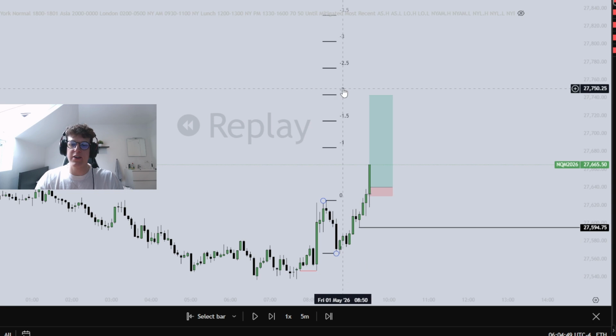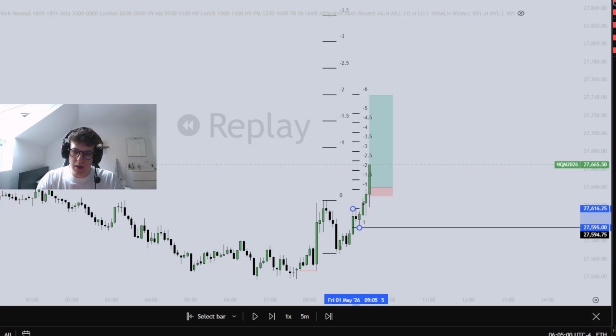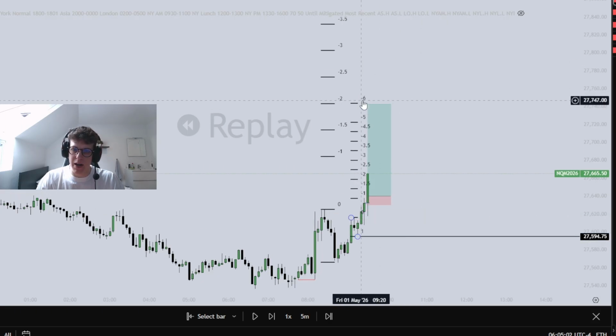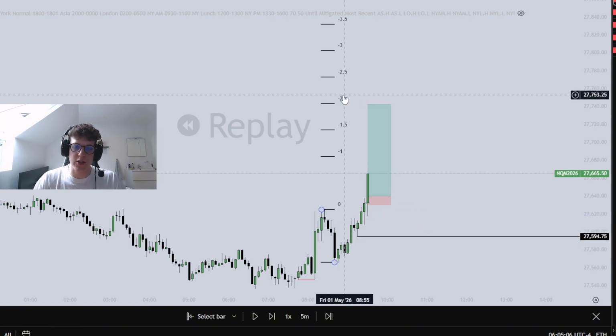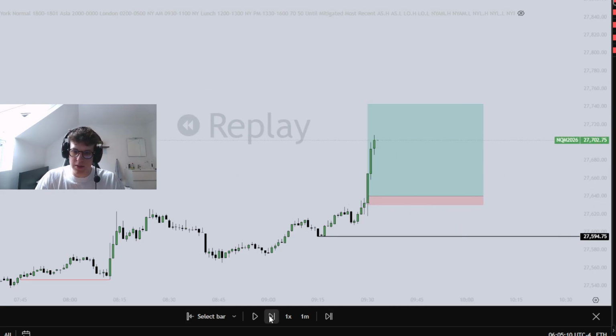I don't really use standard deviations that much, but on all-time highs we can still use them. But look, if we look at this, -6 aligns with -2, pretty clean. So that is what I was looking for. Bang, that's my TP, and let's see how that plays out.